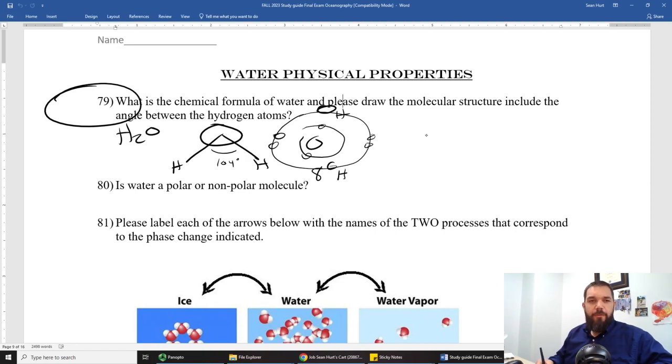And the way it works is that you got to remember that electrons, of course, are negatively charged, and they all repel each other, right? So you can imagine that these pairs of electrons want to be as far away from each other and as far away from the hydrogens as humanly possible.